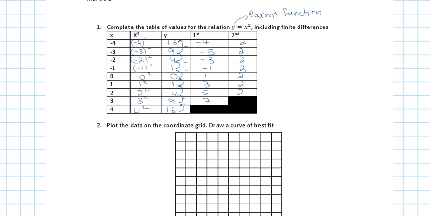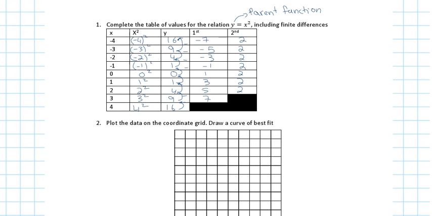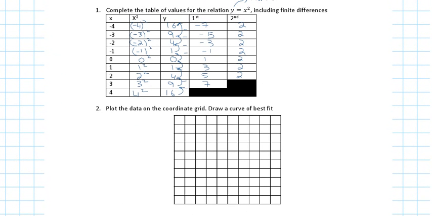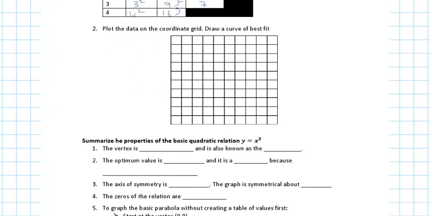Okay? So if I'm looking at this graph, I have x values between -4 and 4, so I'm going to have negative and positive x values. Looking at my y values, they're all positive, so I have to make sure that I have more space in the positive y. So I'm going to graph my y-axis in the middle.